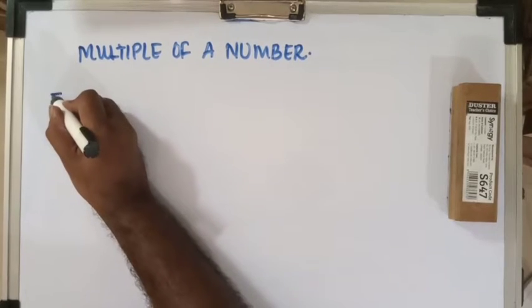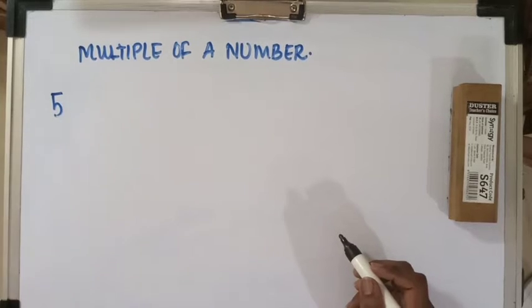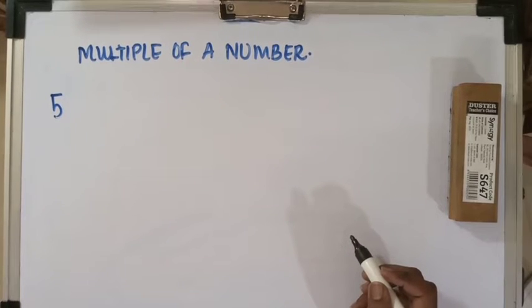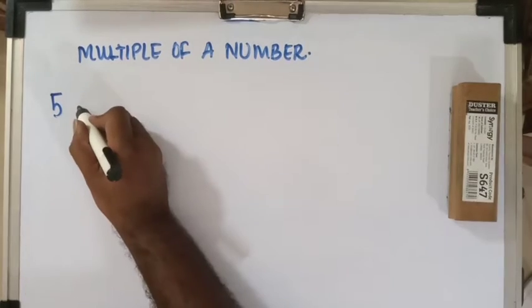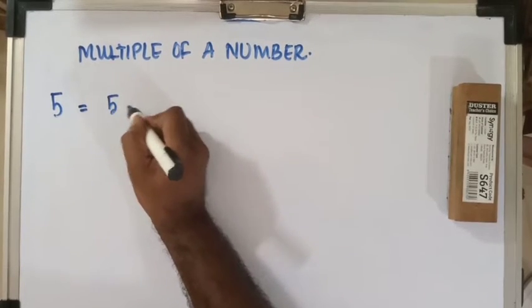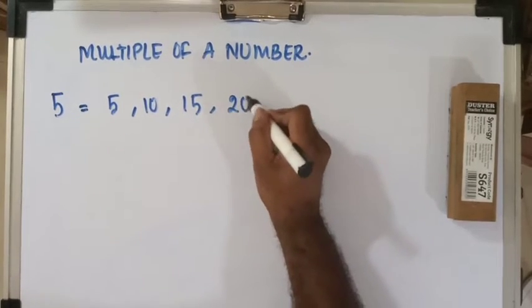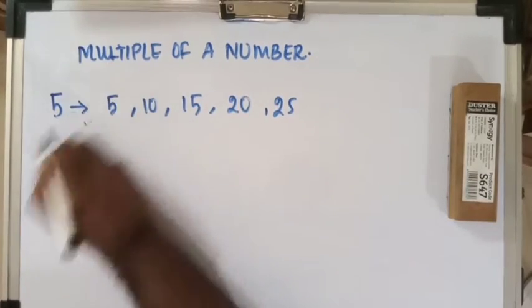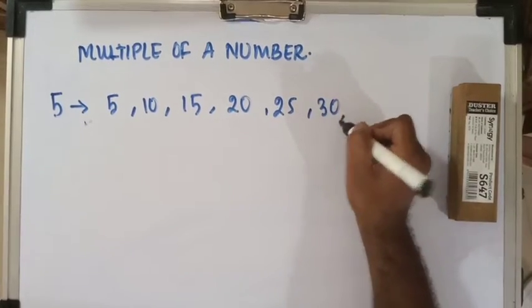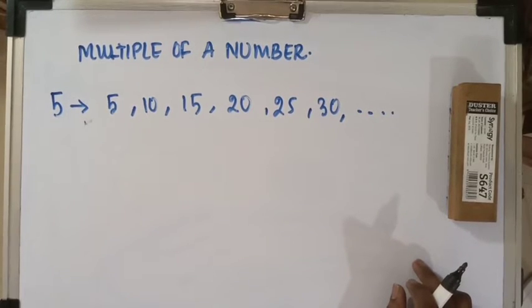Say if you want to find the multiples of 5, you multiply 5 by all the natural numbers. That means the resultant of the table of 5. So the multiples of 5 will be 5 ones are 5, 5 twos are 10, 5 threes are 15, 5 fours are 20, 5 fives are 25, 30, so on and so forth. These all are called the multiples of 5.